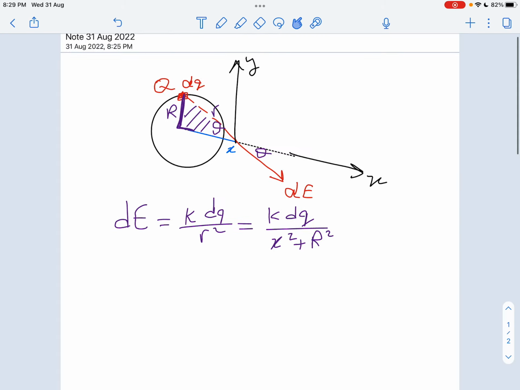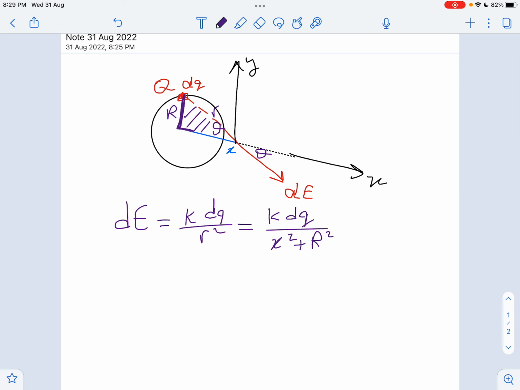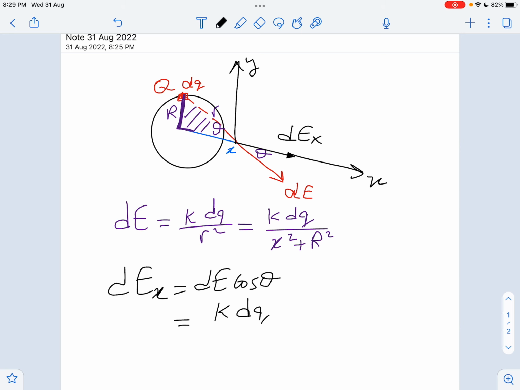And now we need to find the x component of dE. So dEx is simply dE cosine of theta. This is dEx. It is dE cosine theta, so it is k dq over x squared plus capital R squared, times cosine theta. If you also consider the triangle I have drawn, cosine theta is adjacent over hypotenuse.